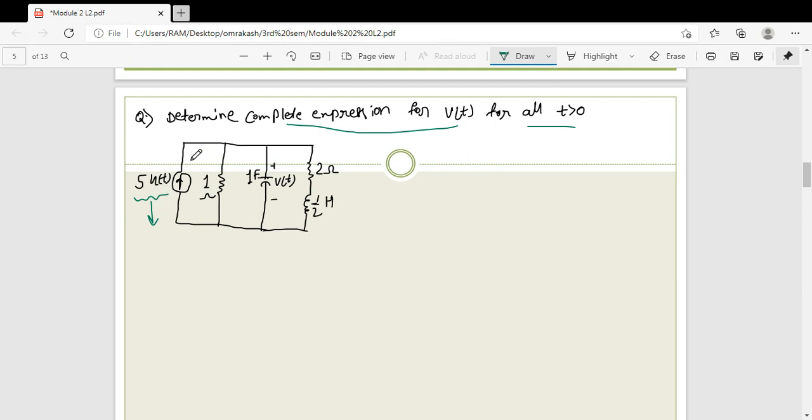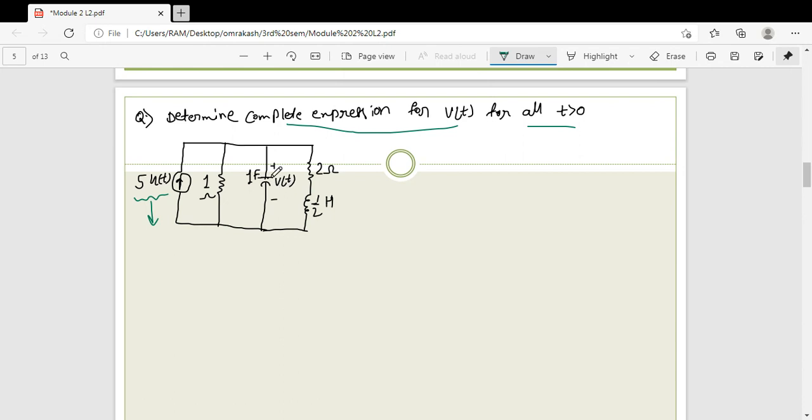It means there is some switch, but this is not represented as a switch, but directly given as the source. So instead of a switch, the step input is given directly at the source. So you have to find all the equations.